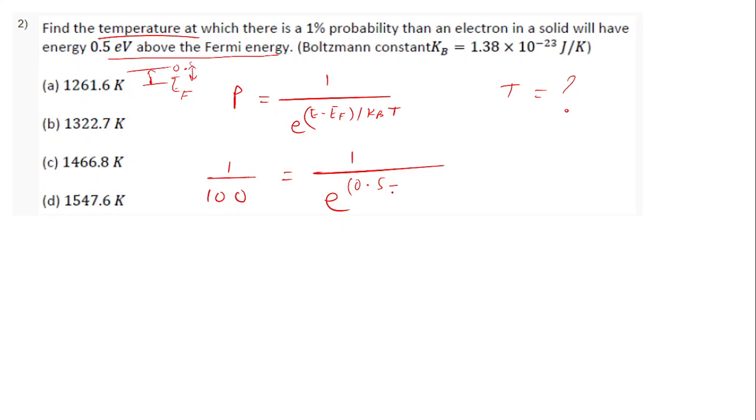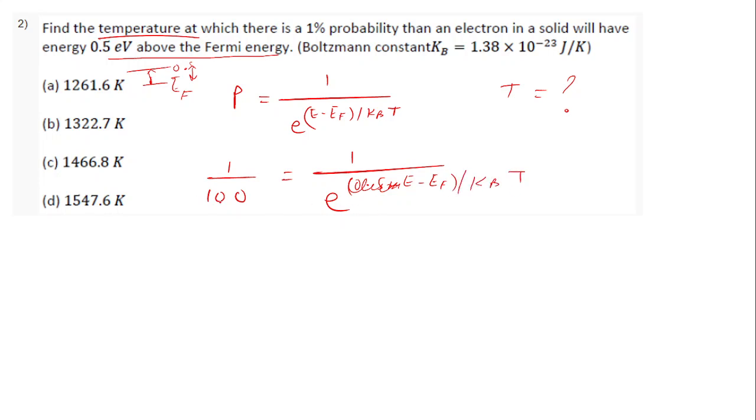The difference is 0.5 electron volt, and the answer is in Kelvin. Let me keep it like this, E minus EF by kBT.